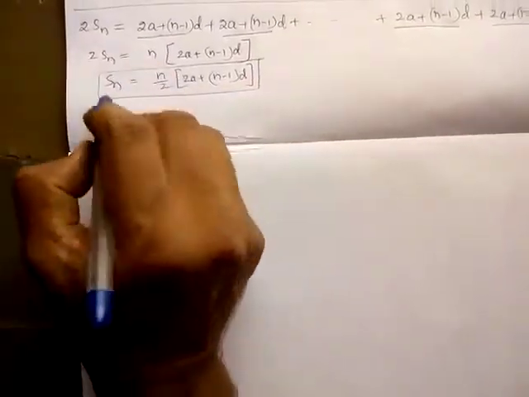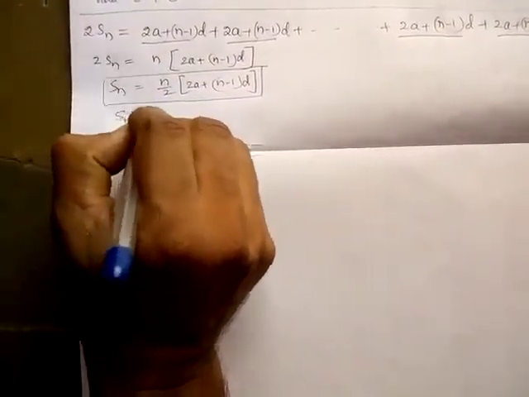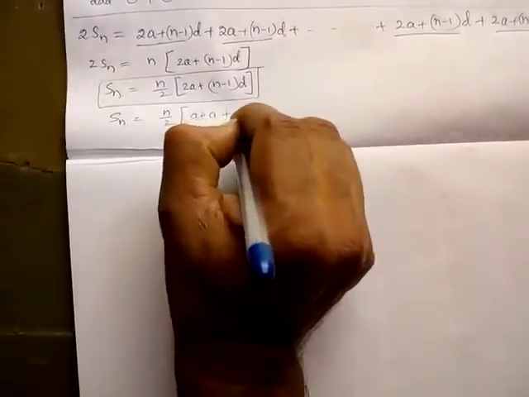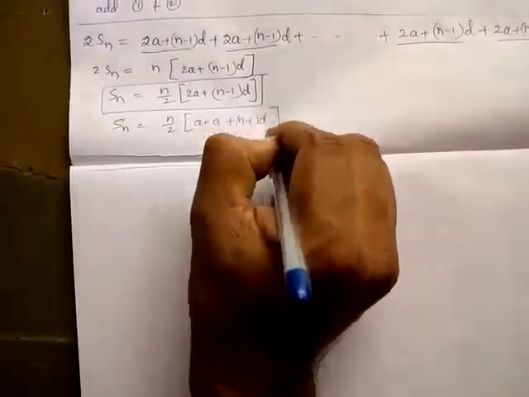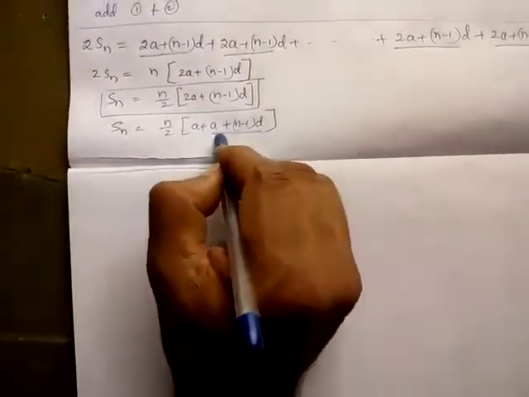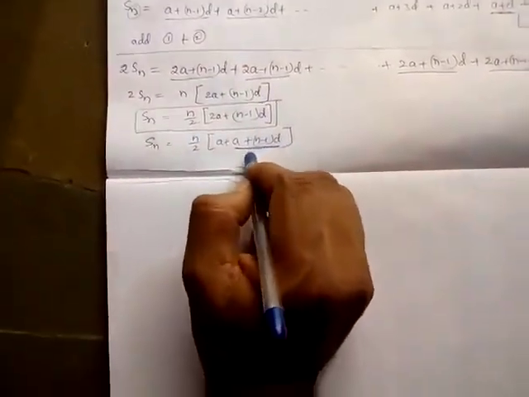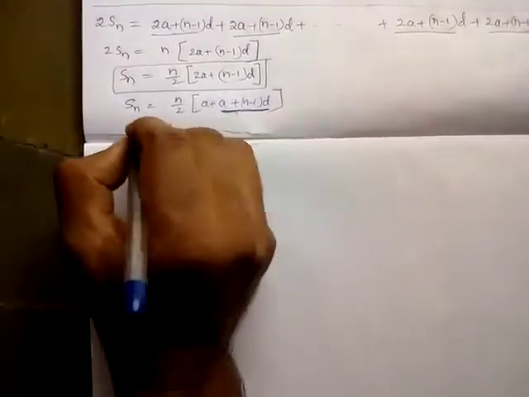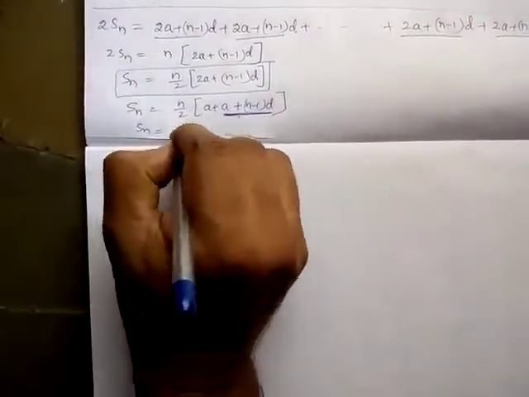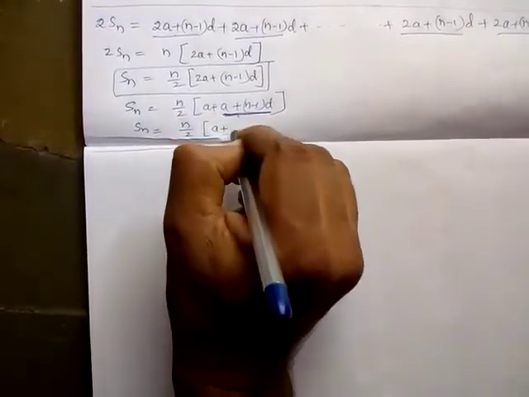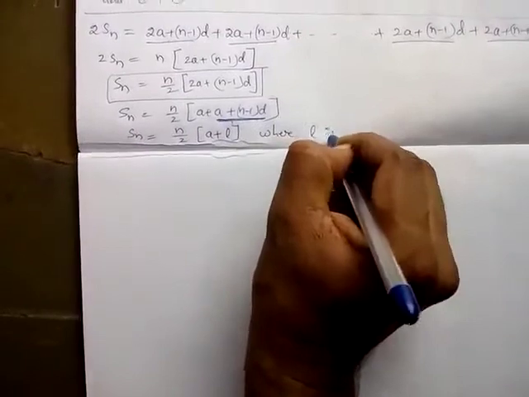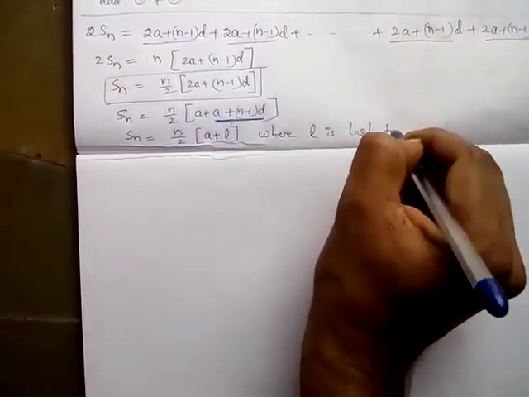And this is converted into Sn is equal to n by 2 into A plus n minus 1 into D. Here A plus n minus 1 into D is the nth term in AP. That is also denoted with the last term, L. So Sn is equal to n by 2 into A plus L, where L is the last term.